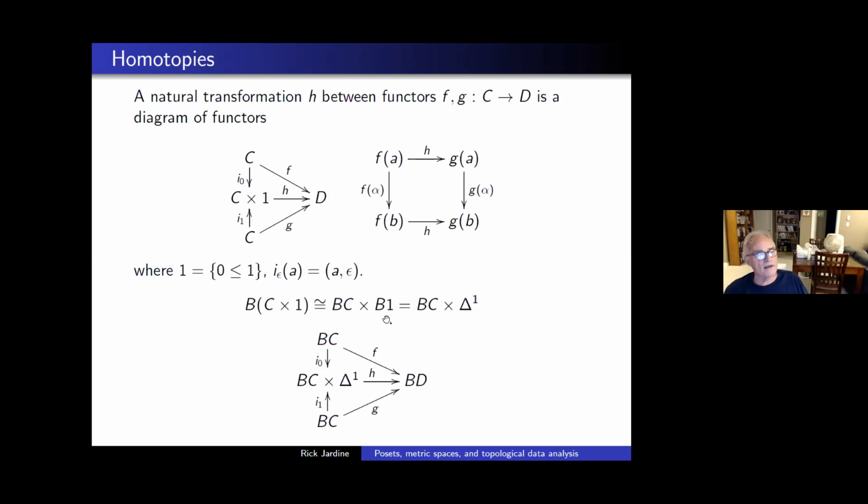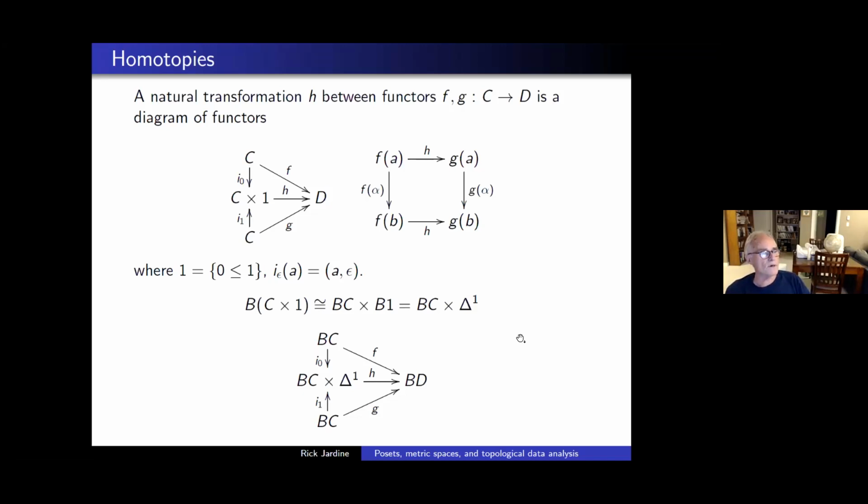And so you get a classical simplicial homotopy out of this natural transformation when you apply the nerve construction. This kind of thing's been known for a long time, but it really got used heavily starting with Quillen's introduction of higher algebraic K-theory back in the early 70s. So this is the beginnings of categorical homotopy theory, and that's where it comes from.